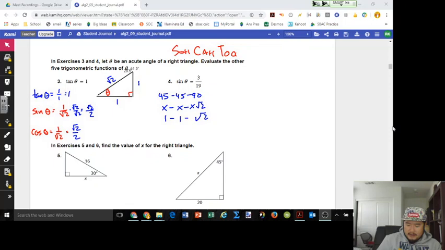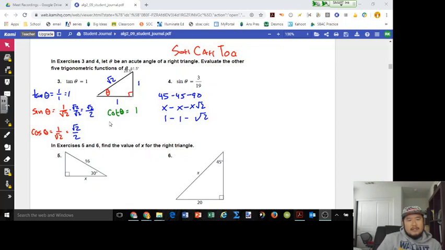Let's go ahead and find the inverses of them. For tangent, remember the inverse for a tangent ratio is cotangent. And the inverse or reciprocal of 1 over 1 is still going to be 1. So there's cotangent theta.